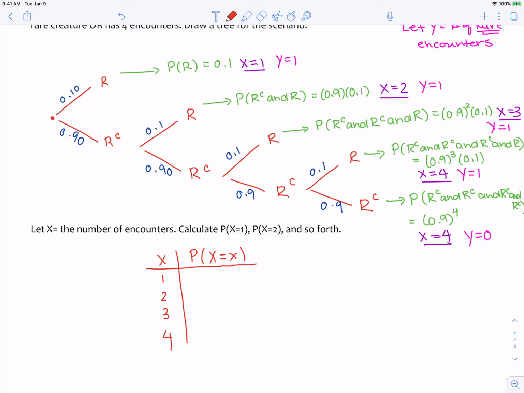All right, so let's find the probability of having exactly one encounter. And so in that case, it's only the one branching where x was equal to 1. And so we know that's going to be 0.1. Nice and easy. Where did we have 2 encounters? Well, that was only one of the branches. And that was when we had the 0.9 times 0.1. And that is equal to 0.09.